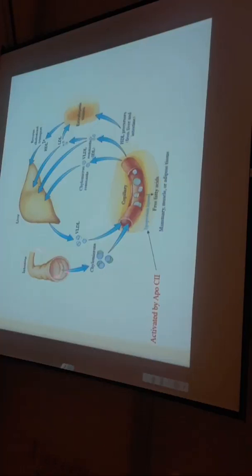So chylomicrons are assembled, let's say the assembly starts in the intestinal mucosa, and then we add some more apolipoproteins to them, and then they're transported in the lymph system and the bloodstream.